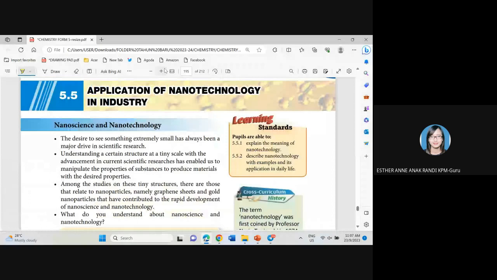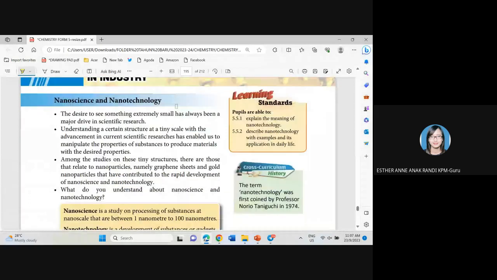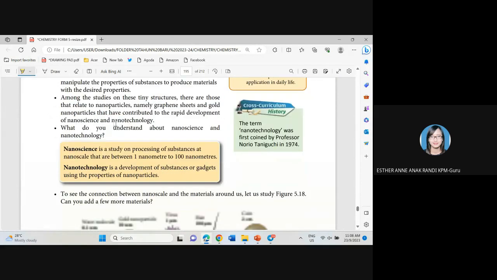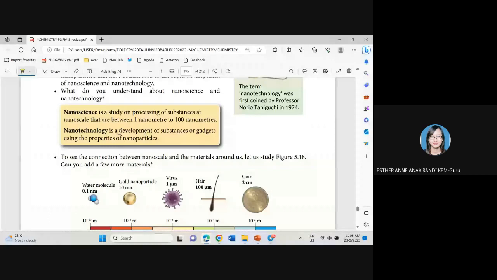Okay, so nano is referring to something small, very, very small. So nanotechnology, in a way, is the use or the technology of something very small. Okay, so nanotechnology is a development of substances or gadgets using the properties of nanoparticles.